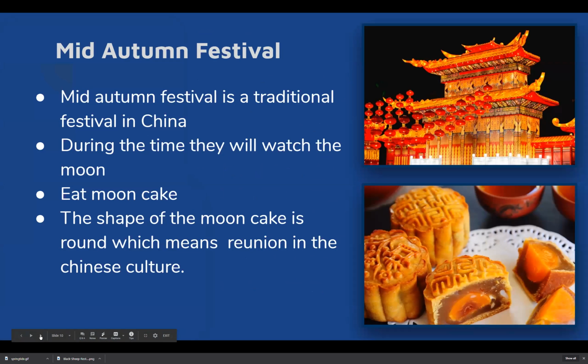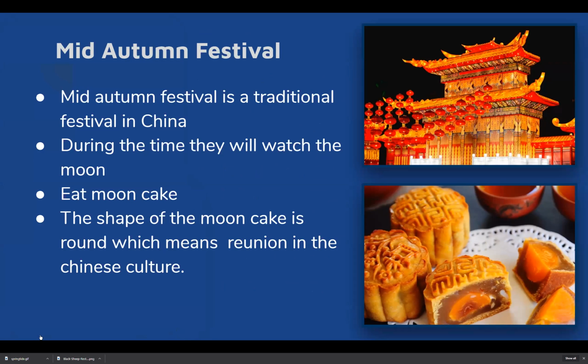Oh, so the festival for the moon just passed. How many days ago? Three days ago, the Mid-Autumn Festival. Mid-Autumn Festival is a traditional festival in China. After dinner, they all watch the moon together as a family. People think it's a time for reunion because the moon is like a circle in China.